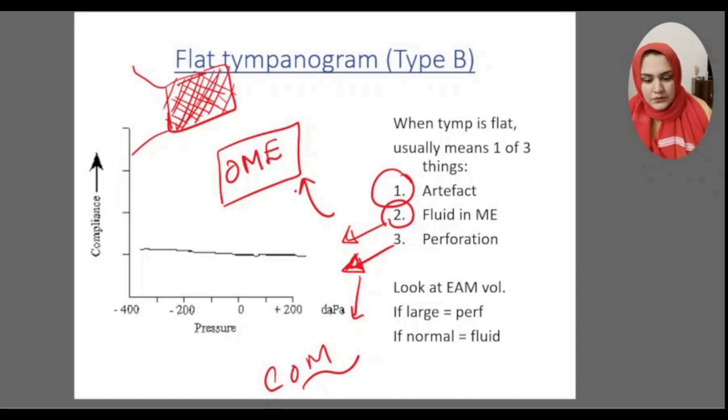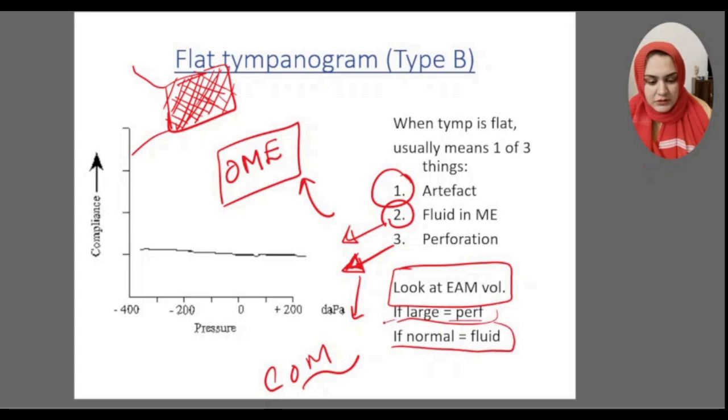So how do you differentiate if this tympanogram is because of fluid or because of chronic otitis media? You will look at the EAM volume, the external auditory meatus volume. If it is large, it means there is perforation, and if it is normal, it means there is fluid in the middle ear.